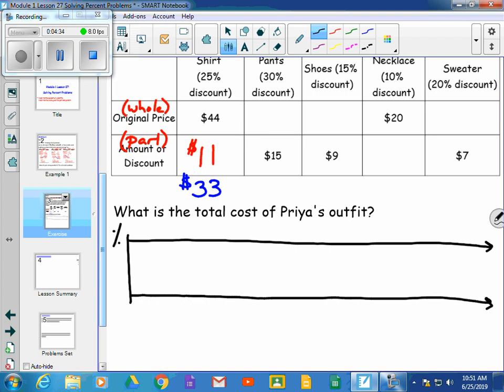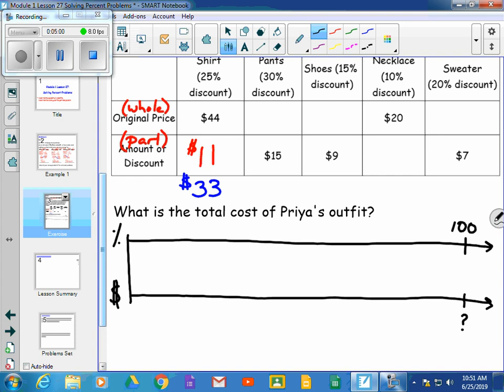Top part is going to be percent, bottom number line is dollars. 100% matches the original price, the whole, but we don't know that, so we're going to leave that as a question mark. What we do know is that we have a 30%. That's going to match up with our part, the 15, the discount.